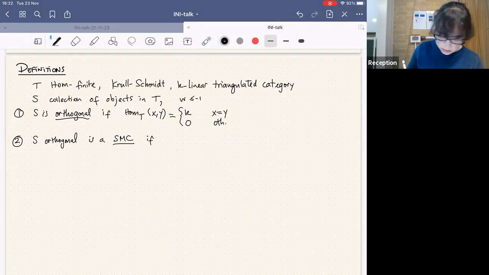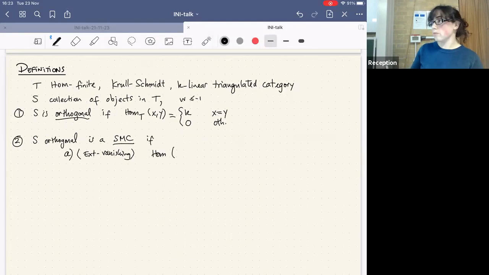So A is Ext vanishing. So this means that Hom. So in this case, instead of positive extensions vanishing for the silting case, this is going to be negative. So I actually can denote like this.